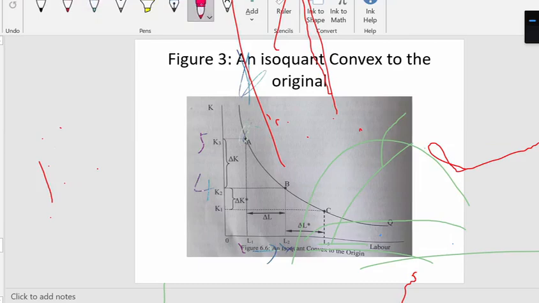At this point A there is 2, hapa kuna 5. Manake hapa itakuwa ni 4, alafu hapa itakuwa 3. Manake umepunguza kutoka 5 umeenda 4, lakini umeongeza mfanyakazi 1, kutoka 2 umeenda 3.